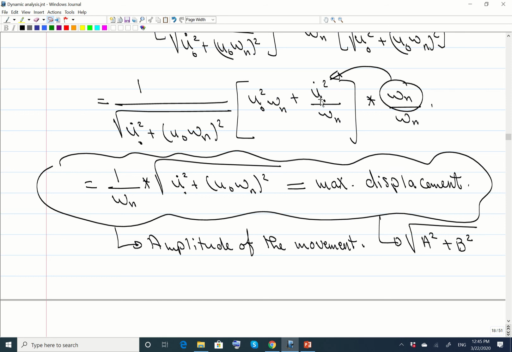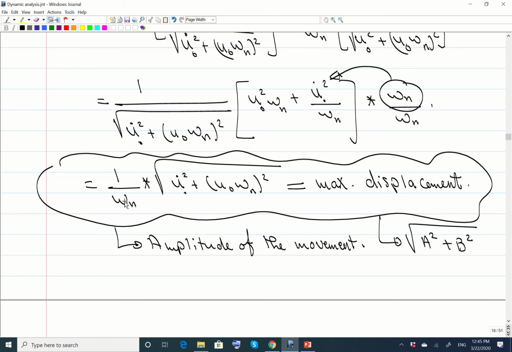And then this term over here, you have u dot node squared divided by omega n. Here you have u dot node squared only, so I want to cancel this omega n. When I multiply by omega n and divide by omega n, those are going to cancel, and we're going to have omega n in the lower part over here, and also omega n here in the lower part, so I'm going to take this as common factor.